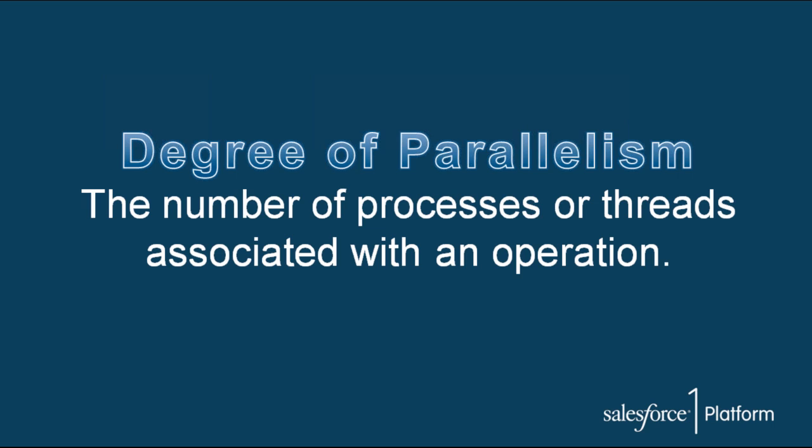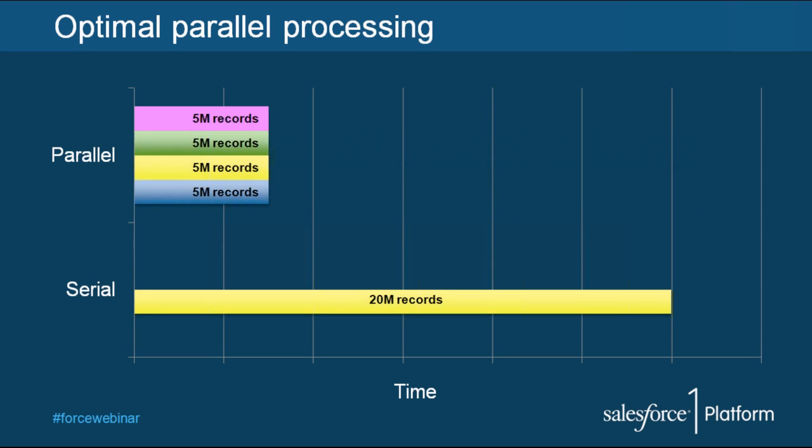Down below, just for a baseline, we see serial processing. So think loading records into Salesforce now. In the case of this job, we're trying to load 20 million records into Salesforce. You can see the serial load takes quite a long time, but if you break that up into 4 smaller jobs of 5 million records apiece, and then run them all at the same time, in theory, the idea is that you'll complete the job in 1/4 the time.